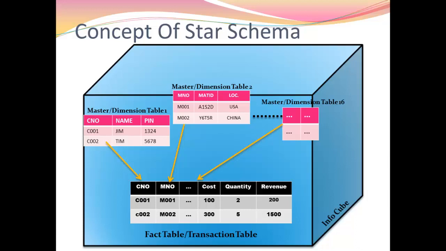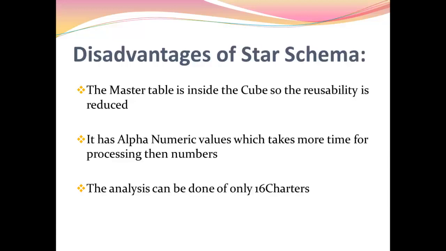So this is our third disadvantage. So first, the master table is inside the cube, so the reusability is reduced. Next, it has alphanumeric values which take more time for processing than numbers, and lastly, analysis can be done of only 16 characters.